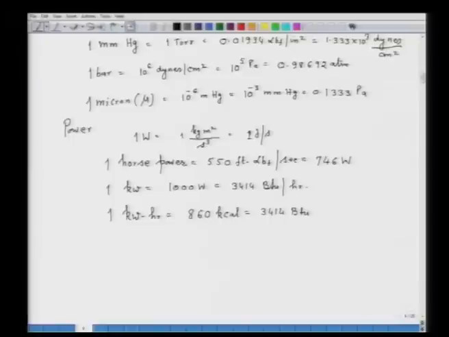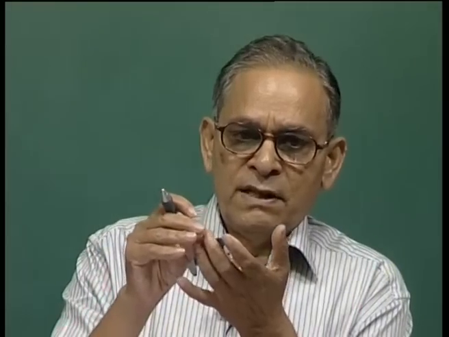So, this is about deriving the units from the basic unit. Similarly, you can derive the unit of any physical quantity by utilizing the fundamental units. The fundamental units are mass, length, temperature and time. These are the fundamental units. Mass you can express in kilogram or kg mole, whichever way you want to express it.